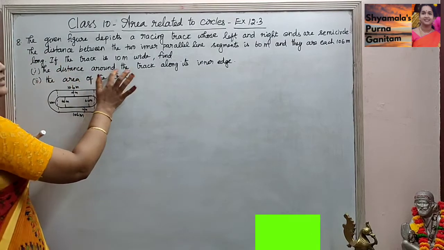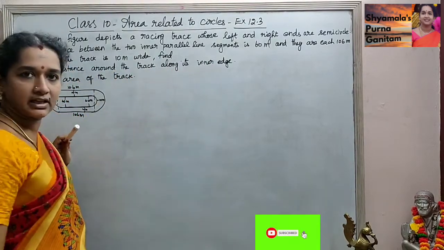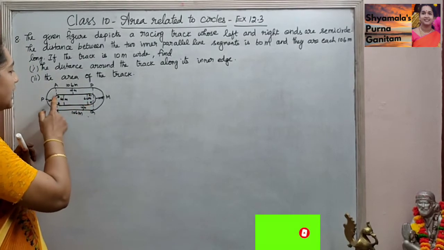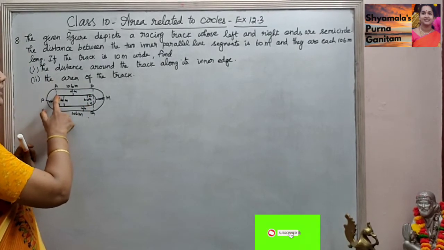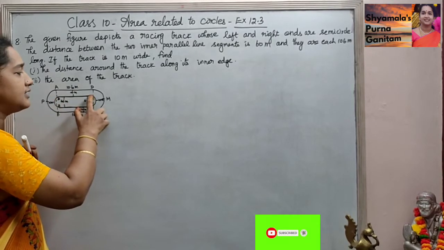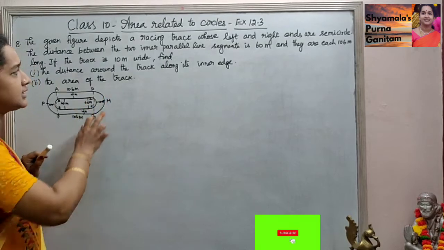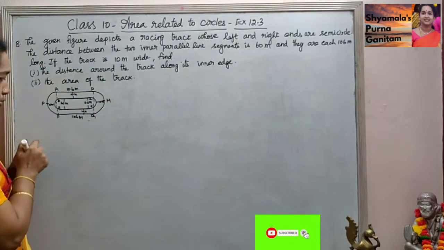Find the distance around the track along its inner rim. That is the length of BC, length of EH, and these semicircular parts, that is BE and CH. When we add all these things, we will get the answer for the first one.